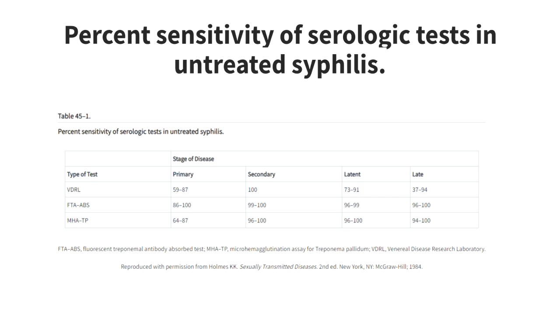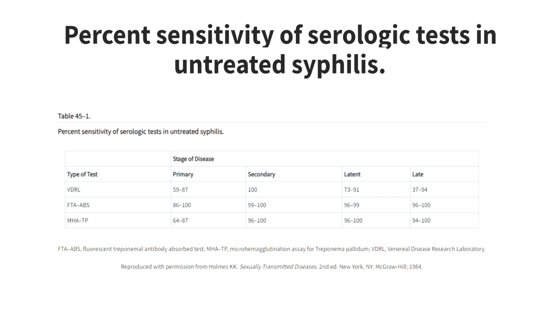There are very low levels for the late stage. FTA-ABS, which is the fluorescent treponemal antibody absorption test, has more sensitivity for secondary, latent and late phase, and it can detect also the primary. This is one of the best diagnostic tests.